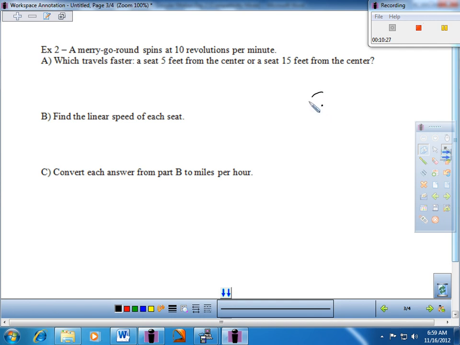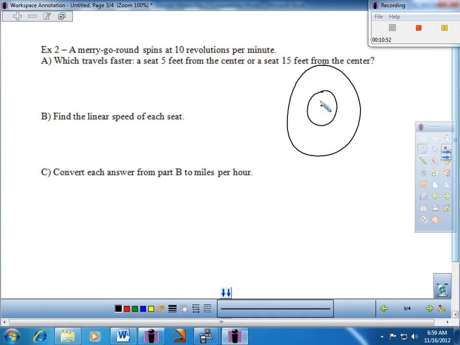But basically, I would argue you've got the 5-foot seat making this circular path as it goes around the merry-go-round, something like this. And then you have the 15-foot seat out here, same idea. That's going around in a circular path.